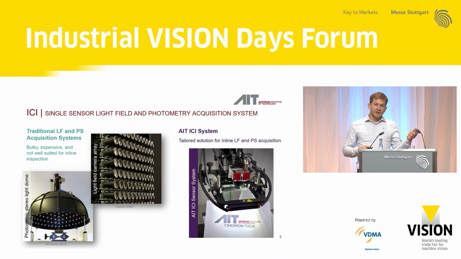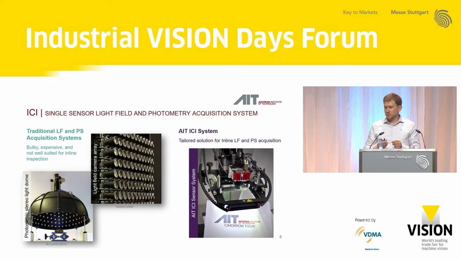As you see here on the left-hand side on this slide, these light field cameras and multi-illumination direction domes are quite bulky, expensive, and very inconvenient to build into a very fast inline inspection environment. So for our inline computational imaging system, we strip down all these components to the most necessary parts, and we're using one camera.